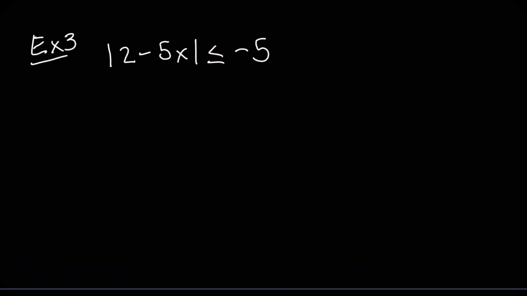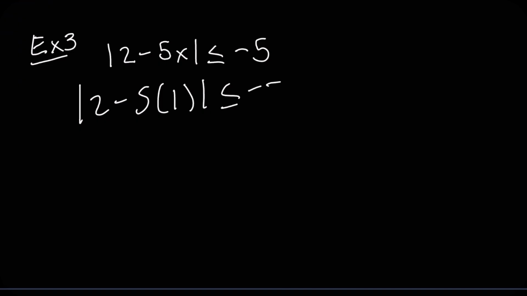One more special case, absolute value of 2 minus 5x less than or equal to negative 5. So the answer to this one is that there's no number whose absolute value is less than negative 5. Why is that? Well, again, let's plug in some values here. Say we plug in a 1.